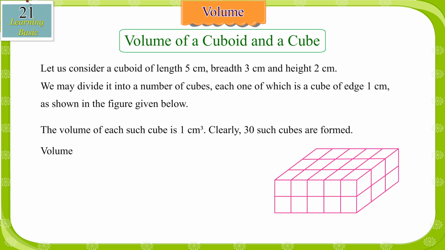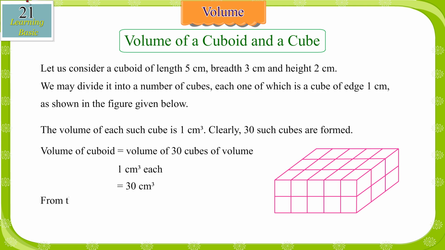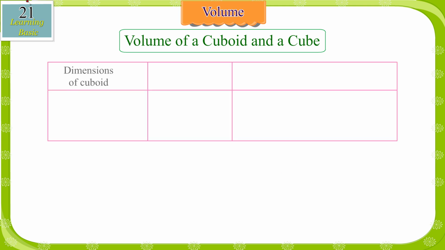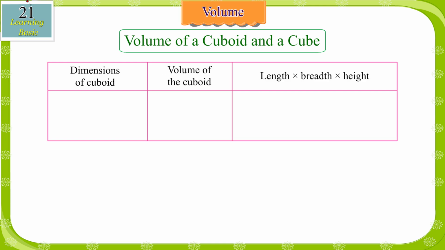Therefore, volume of cuboid is equal to volume of 30 cubes of volume 1 centimeter cube each, which is equal to 30 centimeter cube. From the above two examples, we observe that for the dimensions of a cuboid, volume of cuboid is length into breadth into height.